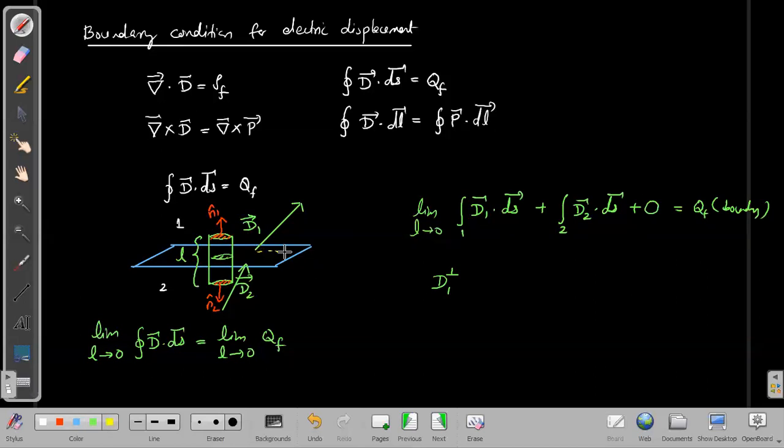D1 parallel to the surface and D1 perpendicular to the surface. So if you take the dot product D1 dot dS, that would be D1 dot n1 times the area vector.